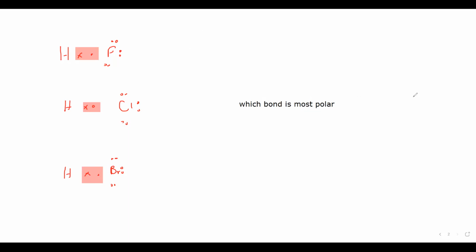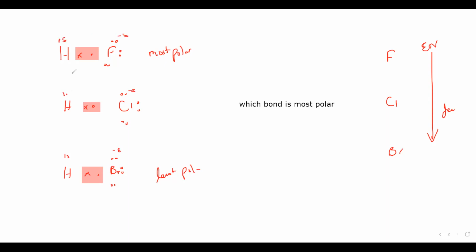When we compare the electronegativity, the tendency to attract the shared pair of electrons, it decreases as we go down the group. Fluorine is more electronegative, so it will have a greater tendency to attract electrons. So this will be the most polar. All will be polar, and this will be the least polar. There will be partial negative and positive, but the one with greater distribution or asymmetry is hydrogen fluoride compared to hydrogen bromide.